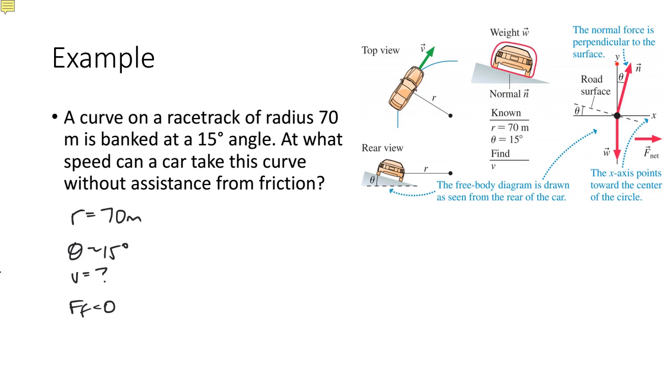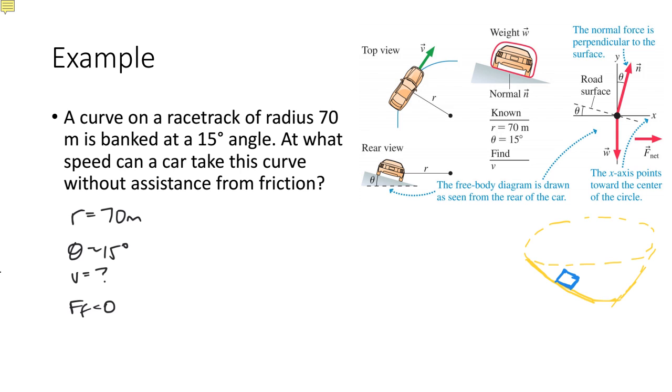I'm going to draw my own version below. So here's a circular path, and here's the road that it travels on. You can imagine it kind of looking like a funnel. And here's the car as it travels along this circular path.